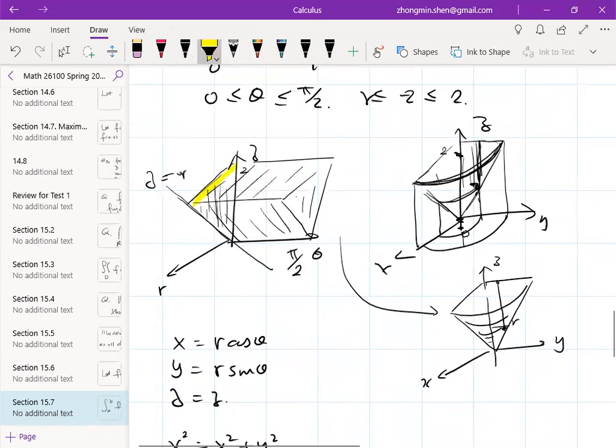This piece collapses to one point. Then you make it when theta changes.